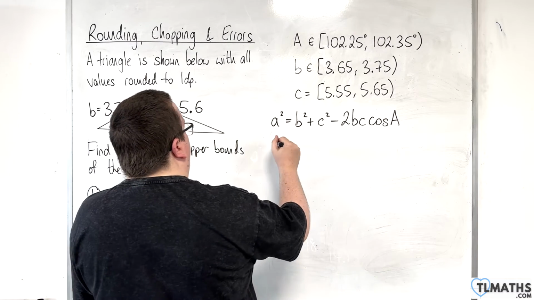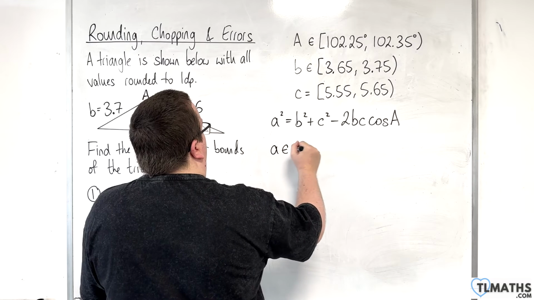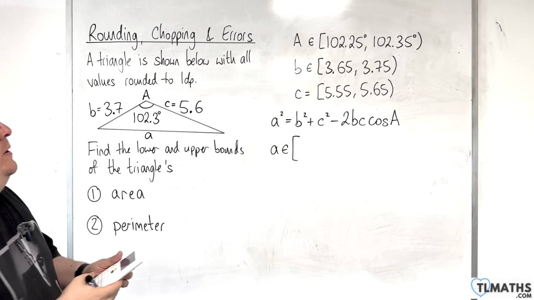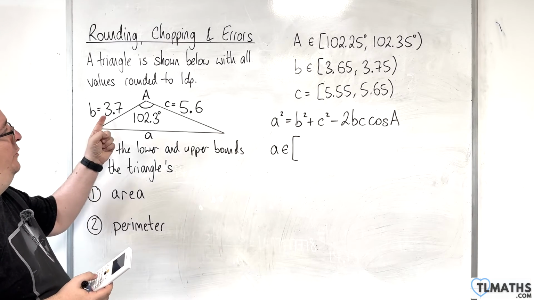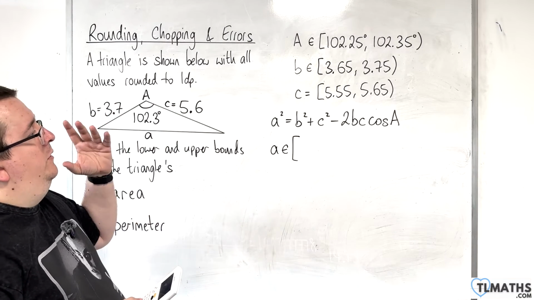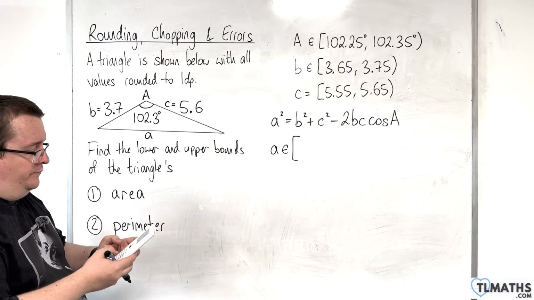Okay? So a can go anywhere from, so we're going to use the smallest value of b, the smallest value of c, and the smallest angle.